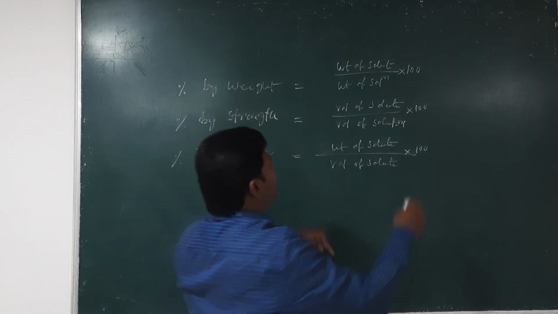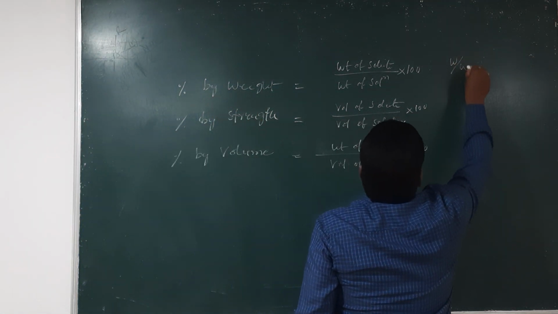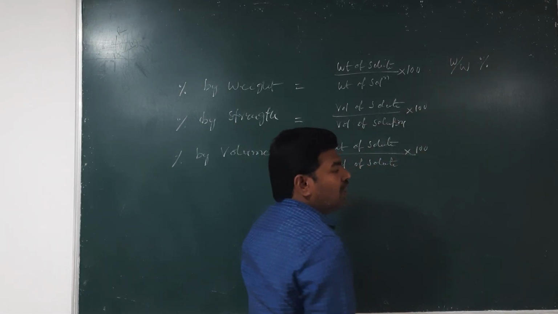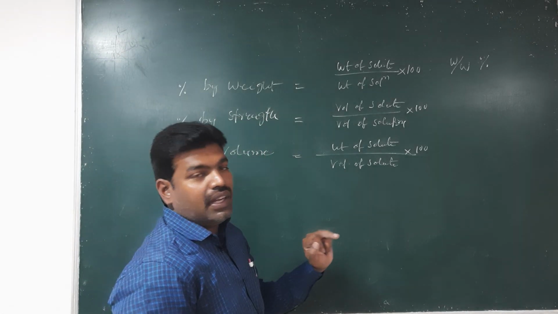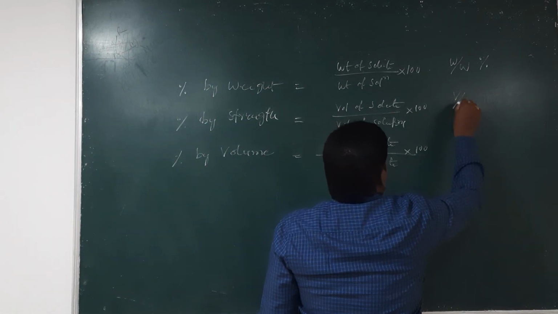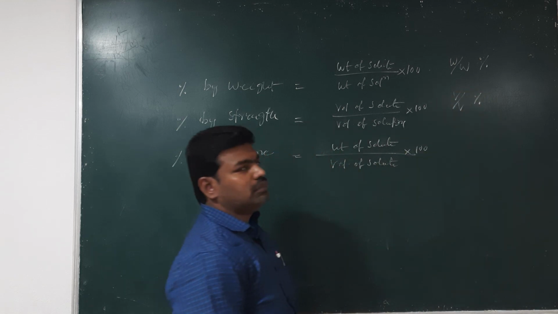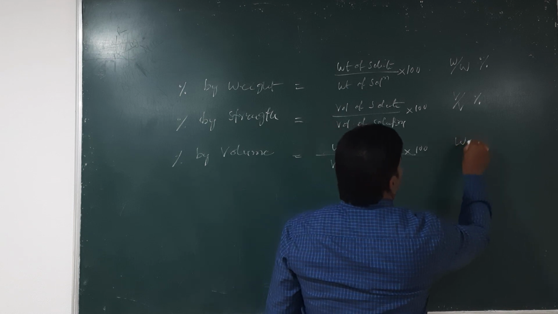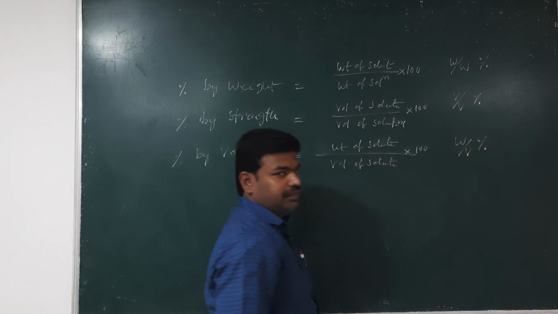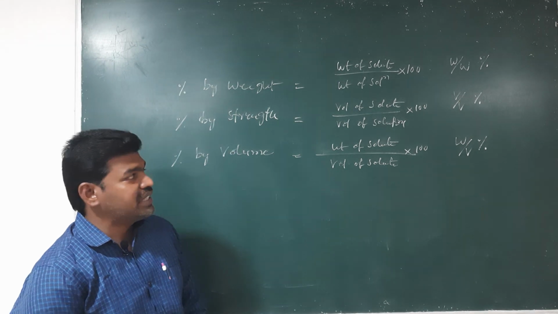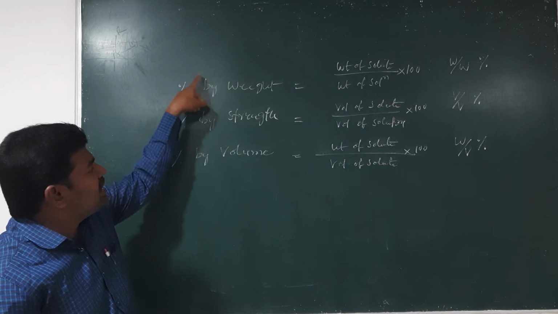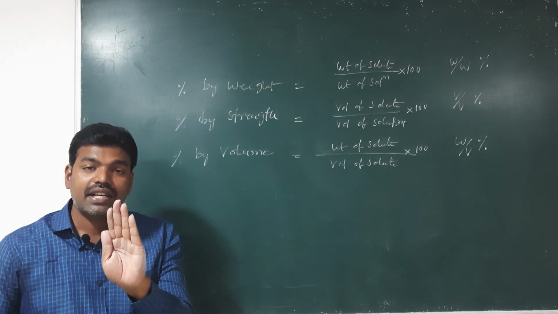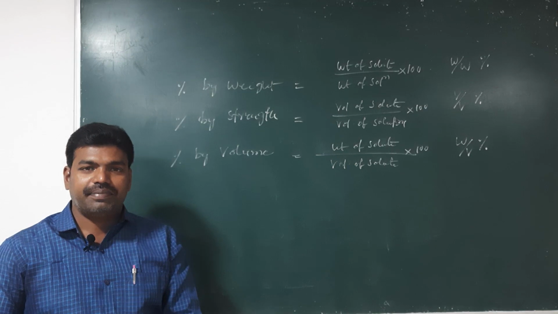Usually percent by weight is called weight by weight percent, percent by strength is called volume by volume percent, and percent by volume is called weight by volume percent. By these three types of percentages we can express the concentrations of the solutions.